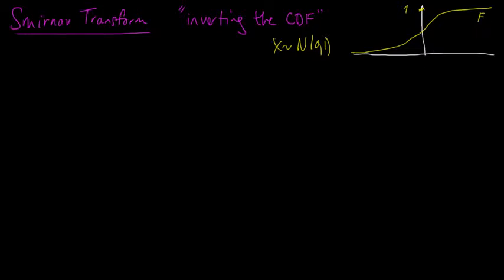So what is the CDF doing? Well, it's a map from the real numbers x to the interval from 0 to 1, and in fact to the open interval. F never takes the value exactly 0 or exactly 1.